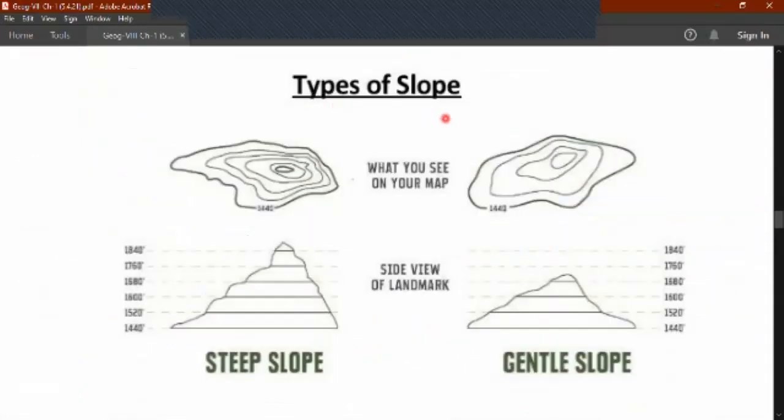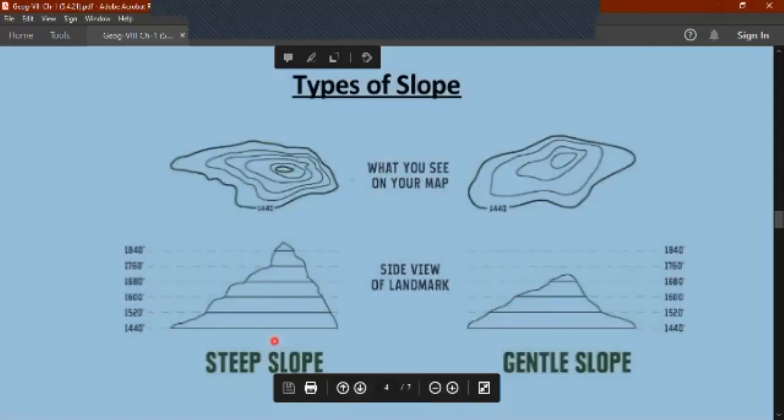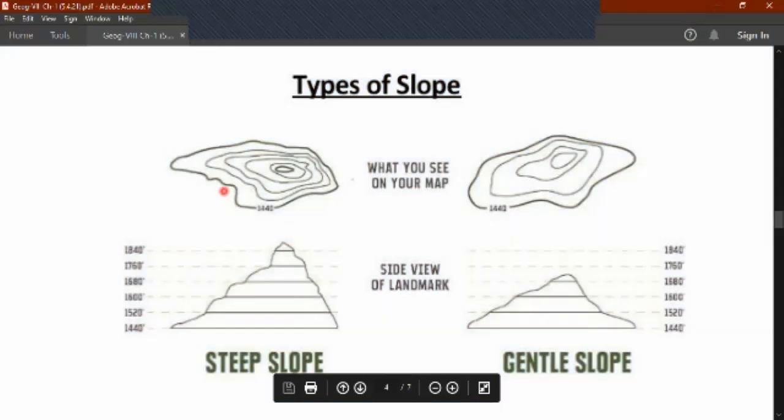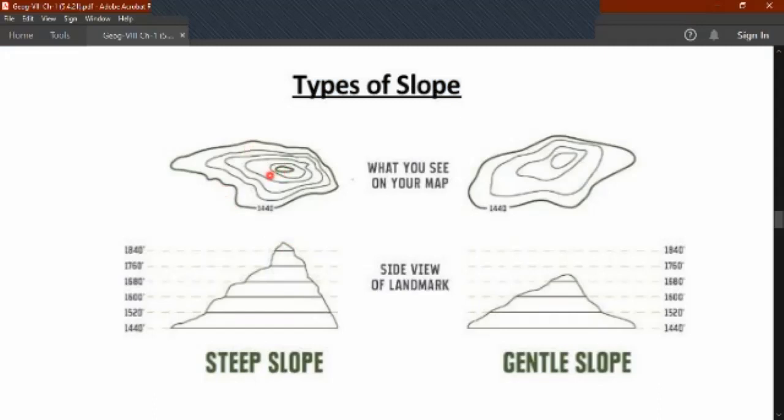Types of slope: gentle and steep slope. As you can see in this picture, in a steep slope, the contours are drawn close to one another.